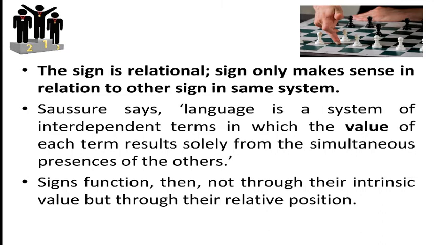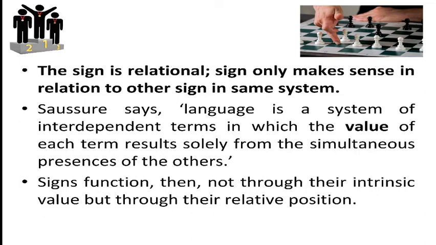Signs function then not through their intrinsic value but through their relative position. Saussure is saying that value comes from the fact that one particular term or unit is surrounded by all the other terms or units of a system.